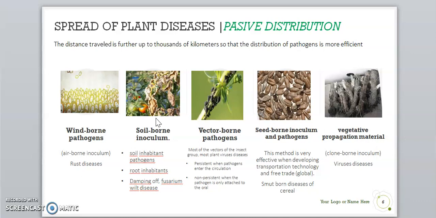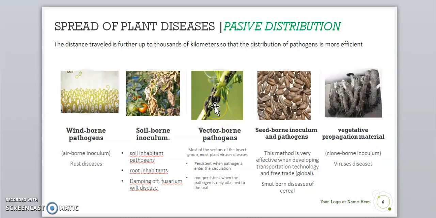They live in the soil, inhabiting the soil, and usually they live in the root too, and cause damping off and Fusarium wilt disease. This is the example. So soil-borne inoculum, but not Phytophthora, because Phytophthora has zoospores. And then the vector-borne pathogen.